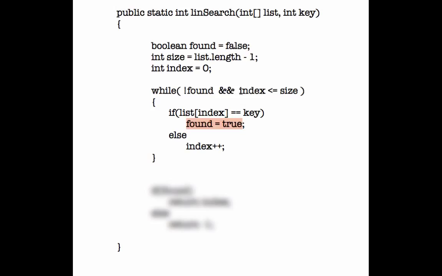What about the second condition, index less than or equal than size? Well, as in real life, you look in different places, you don't find what you're looking for. At one point, you're going to stop looking around. At one point, you give up. You say, it's lost, I don't know where it is. In terms of what we're doing here, what that means is you're given a collection and you're given a value.